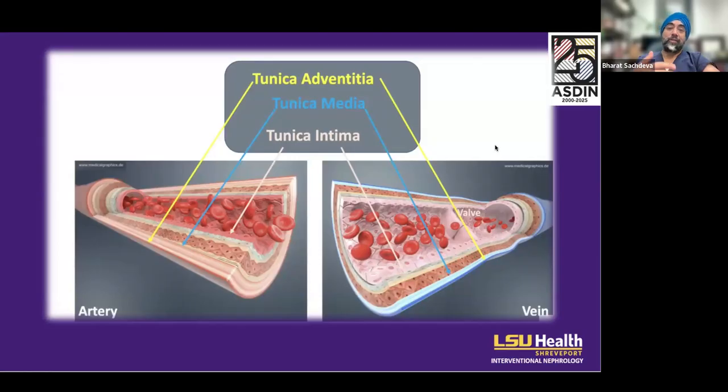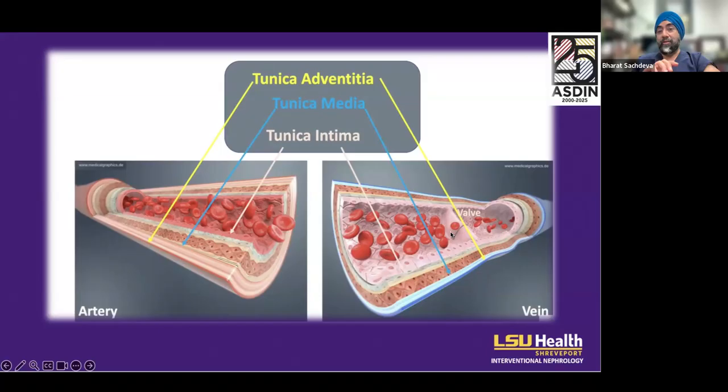I'm going to take a minute and just go over the difference between an artery and a vein. The artery has a much thicker muscular layer compared to a vein, which normally does not have a thick muscle layer, but does have several valves in between.